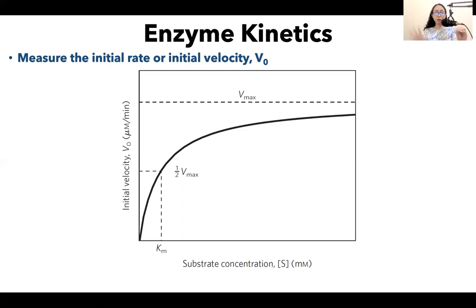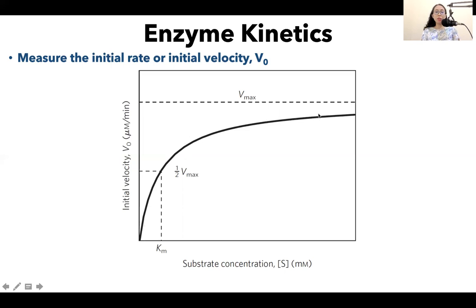And if you do so, you will get a plot like this. So at very low concentrations of your substrate, there is an almost linear trend. And as the concentration of the substrate increases, the degree of change in the initial velocity decreases until the graph plateaus.